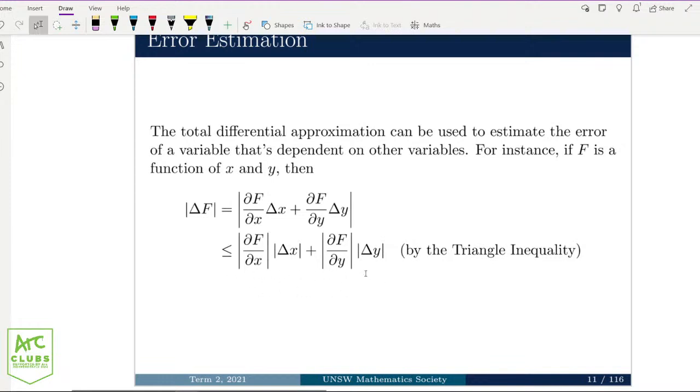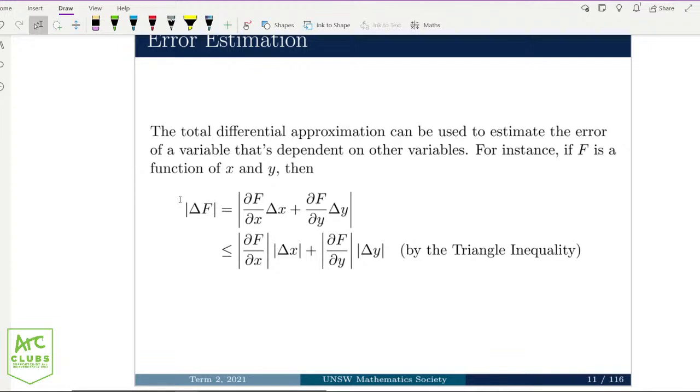And the reason why this is useful and will sometimes come up in questions is because this will actually imply that we can use this absolute value of change in f to represent the absolute error of a particular function, in this case the function f.